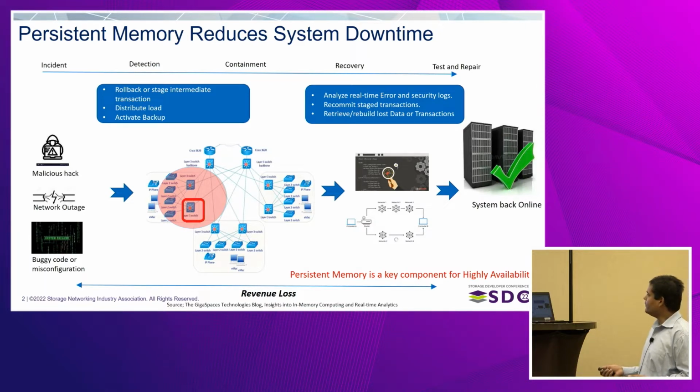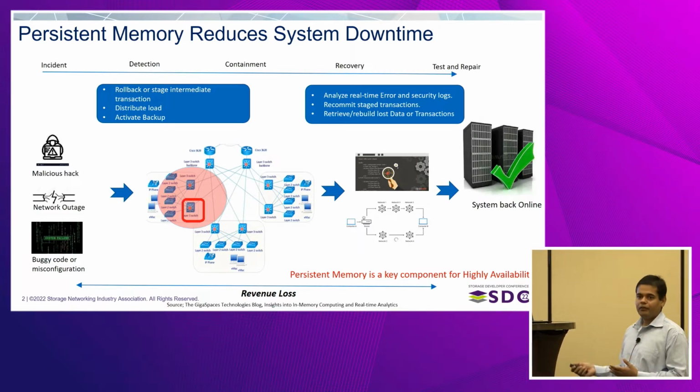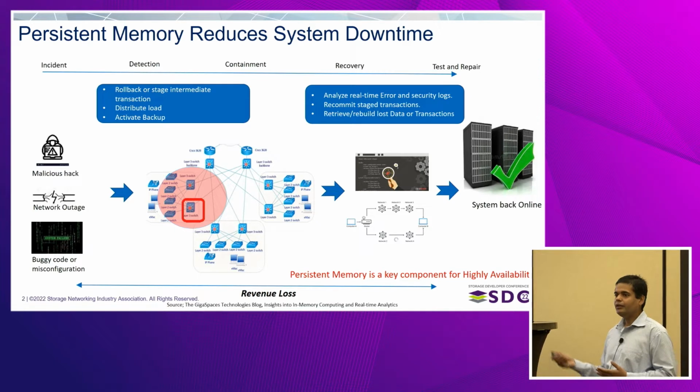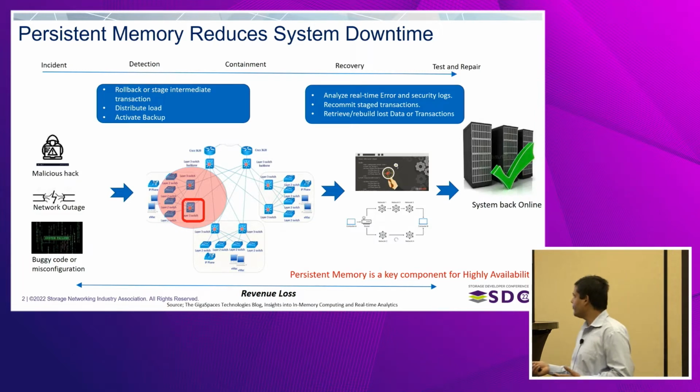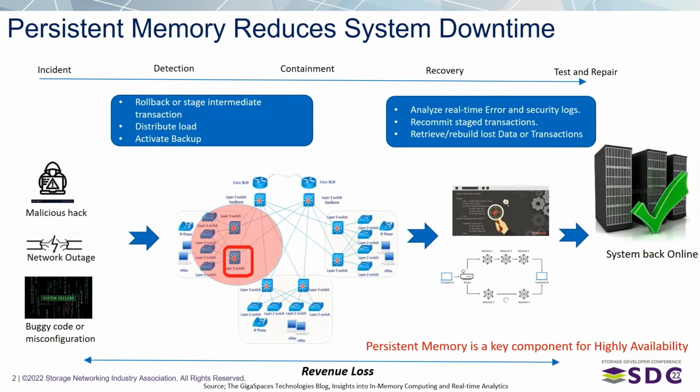And that's where persistent memory plays an important role. If you have a snapshot that was already loaded into persistent memory, you can quickly load it up. If there was a configuration that was already working, you can quickly reload it and make your system work again. Another important thing is if you had a backup, or data that was snapshotted just recently, you can reload it or stage active ongoing transactions.